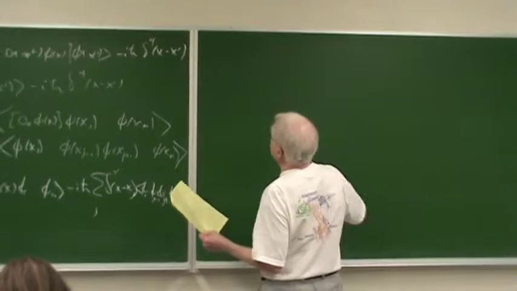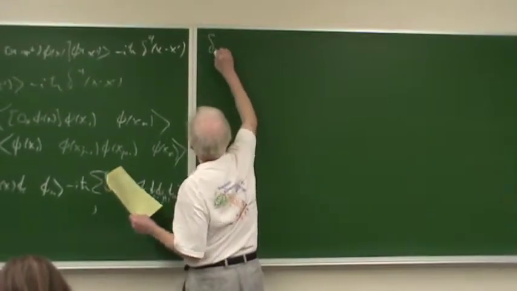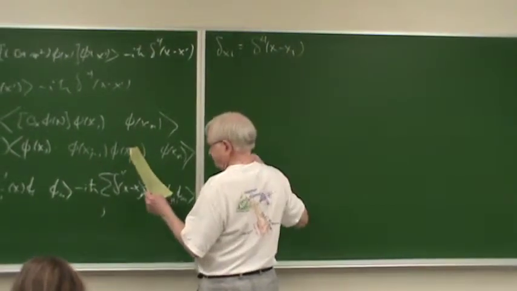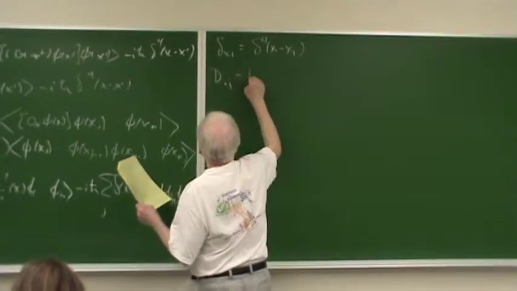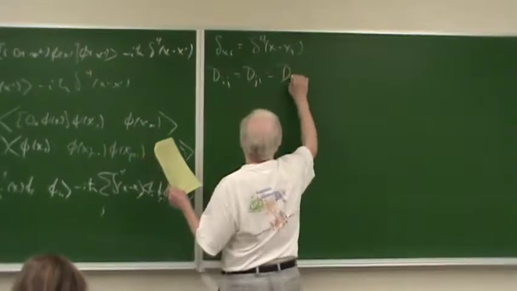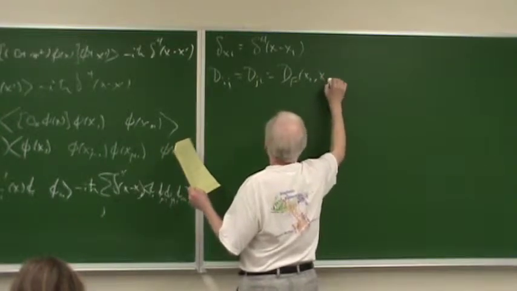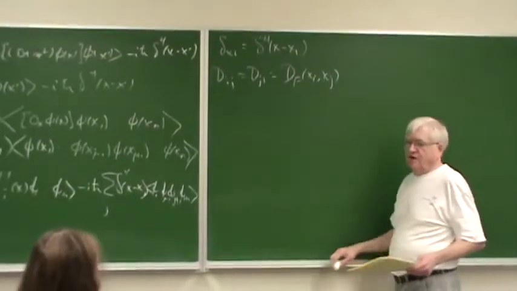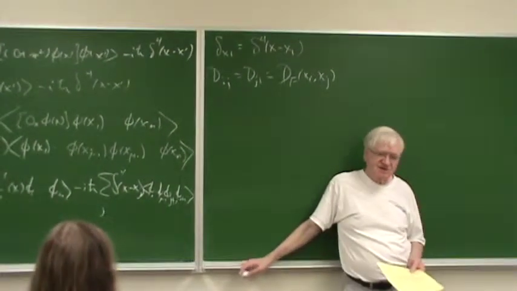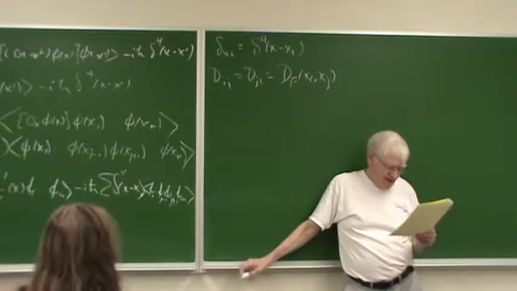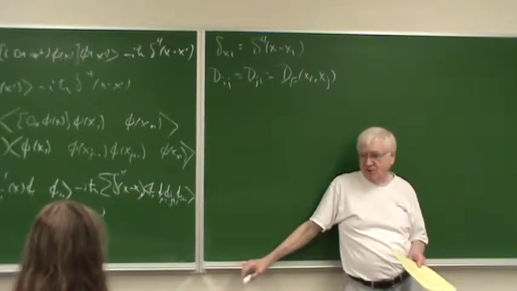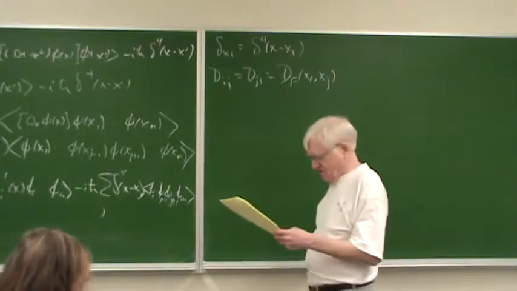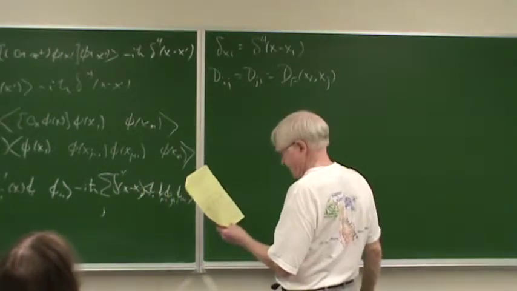All right, and we're going to use some abbreviations. Delta_i is going to be delta^4(x - x_i). D_ij = D_ji is going to be the Feynman propagator D_F(x_i, x_j). We're going to set h bar equal to 1 because these equations are going to get a little complicated. We're also going to set m equal to 0. Obviously, the mass term has not played a big role in this; m is a spectator.